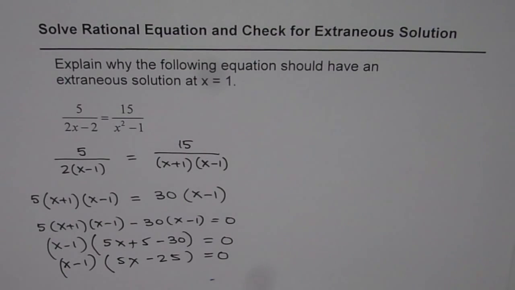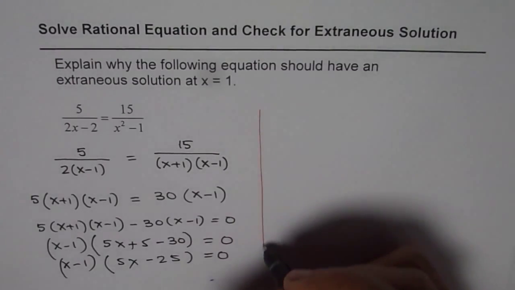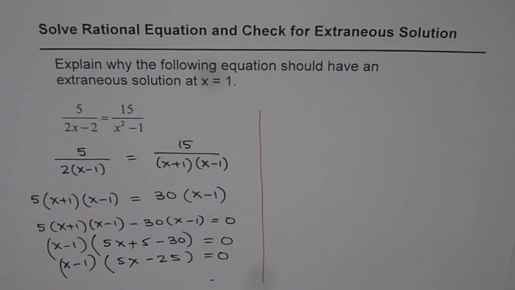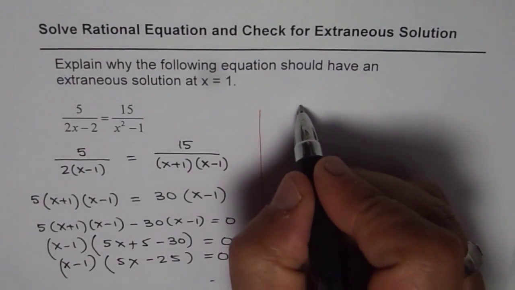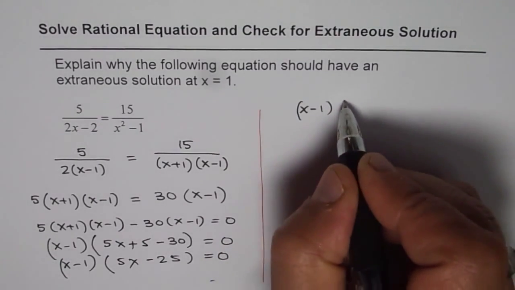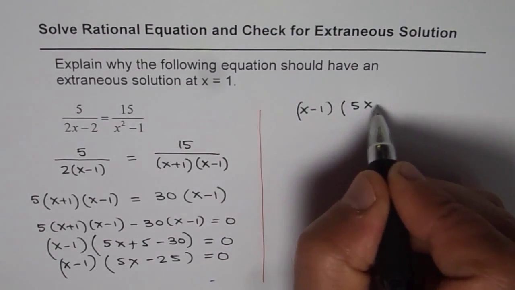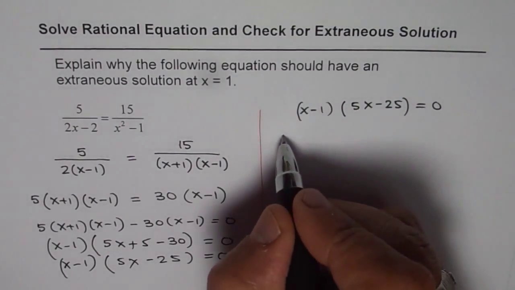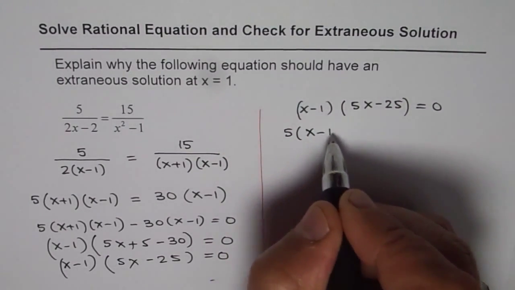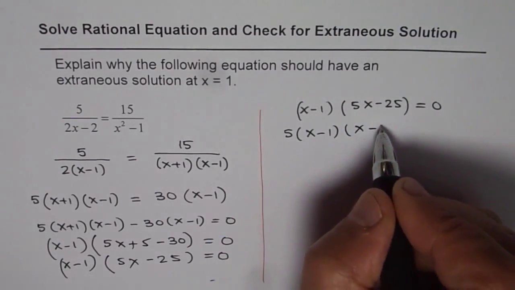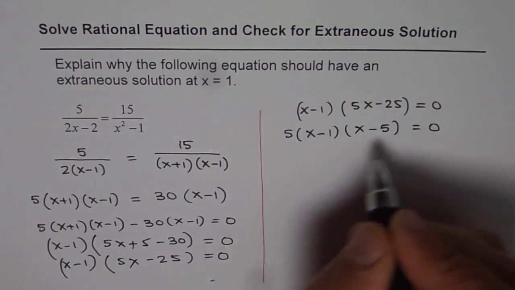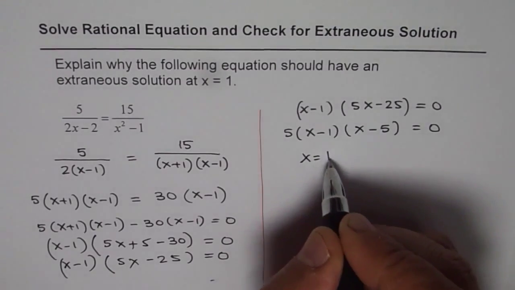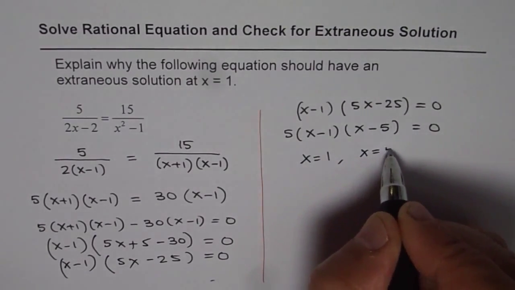So from here we get two solutions, correct? One of them is x equals 1. You could factor 5 also: x minus 1 times x minus 5. So clearly we have two solutions, x equals 1 and x equals 5.